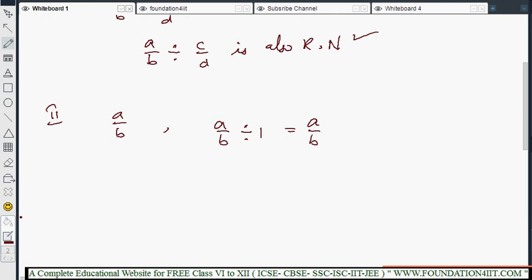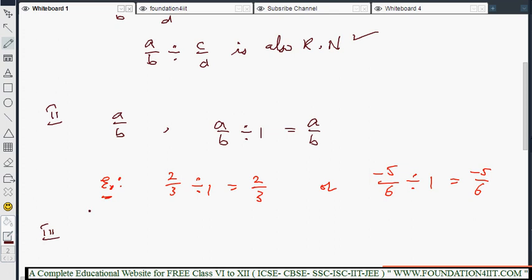It's very clear. For example, if you take 2/3 divided by 1, again you'll get 2/3 only. Or -5/6 divided by 1, we'll get again -5/6. This is the second property.